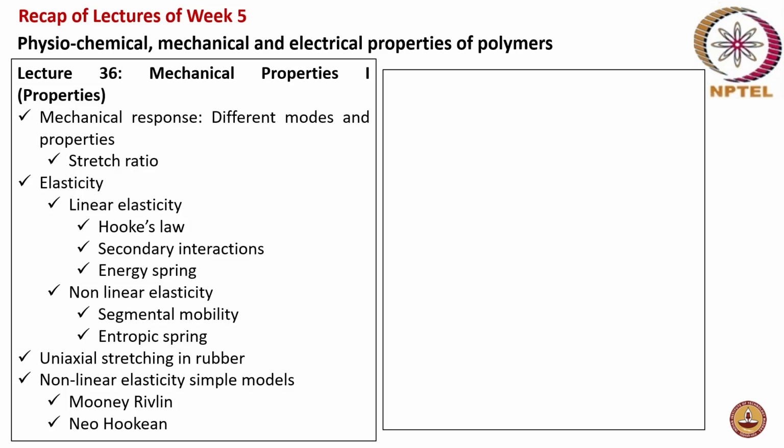Whereas non-linear elasticity is based on segmental mobility and it is an entropic spring, right? And then uniaxial stretching in rubber, where the volume is maintained constant because of the incompressibility that was discussed. And then the non-linear elasticity models, Mooney-Rivlin and Neo-Hookean, were discussed, right?